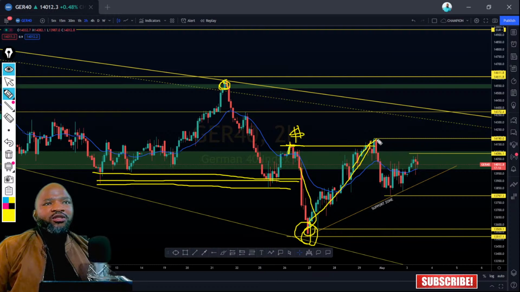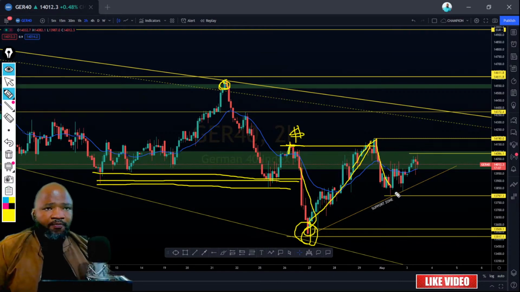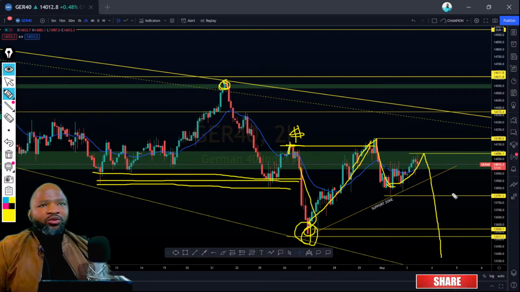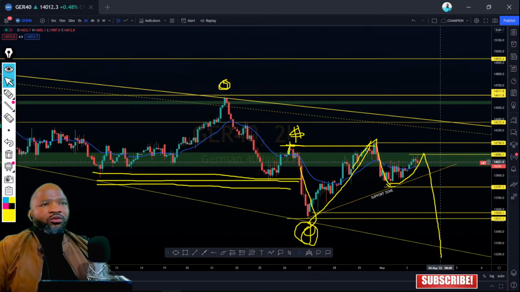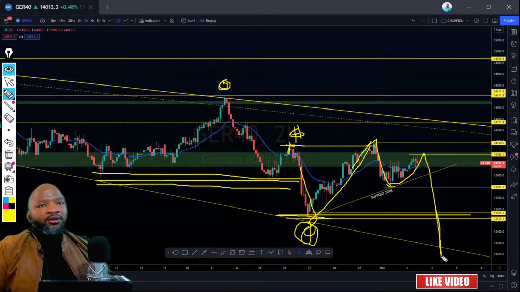As you can see, it pushed towards the downside, so we cannot say this is our lower low. We just have to wait and see if the price will continue with the bearish trend, see if it breaks this lower high and continues with that type of structure.